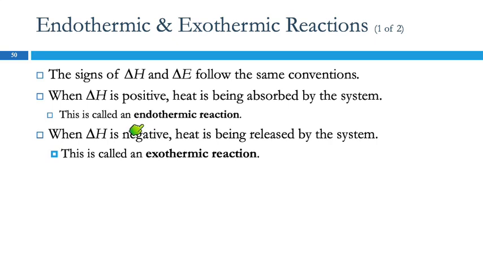Endo, like into, thermic, referring to heat. If delta H is negative, that means heat is being released by the system. There's money going out of my wallet. I have negative feelings about that. This is called an exothermic reaction. Exo, like exit. Exothermic, exiting heat. Heat going away.